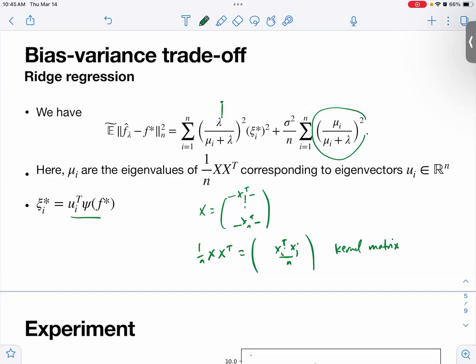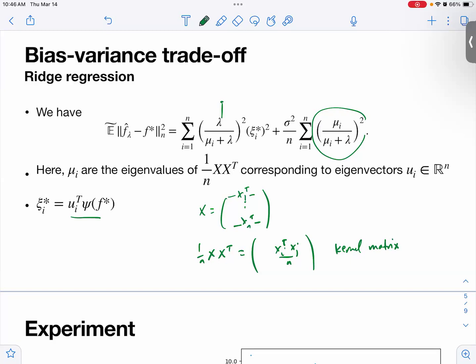So the function would have a minimum over lambda, which in general depends on how fast the eigenvalues decay and how fast these, let's say, alignment scores decay. So this tells you how much the function is aligned with eigenvectors of the kernel, and basically how much it aligns with the features that construct it.